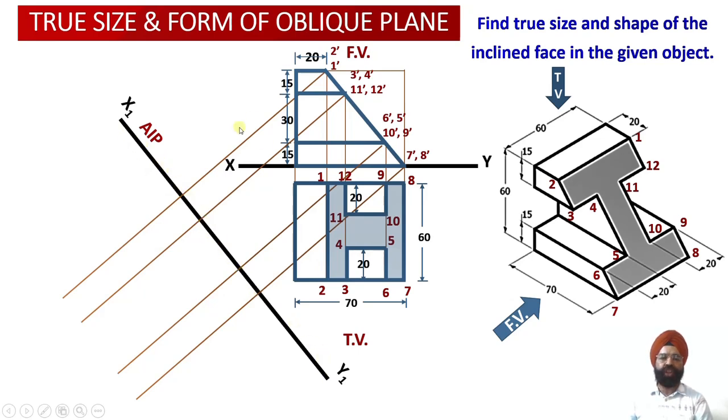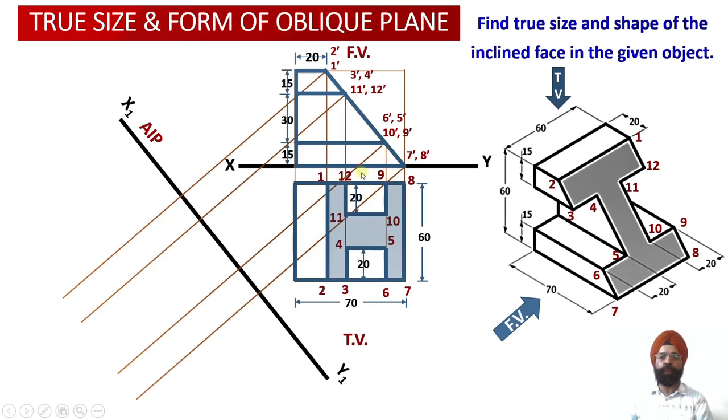Having drawn these 4 perpendicular projector lines, we need to evaluate the distances of these points: point 1, point 2, point 3, point 4, point 5, point 6, point 7, point 8, then 9, and then 10, 11 and 12.